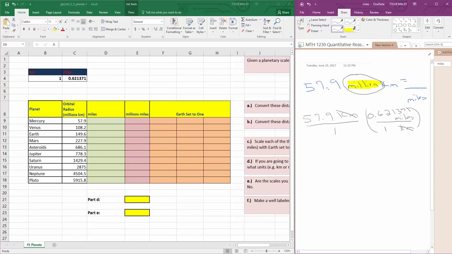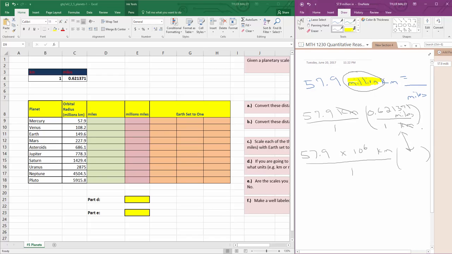This would work going from kilometers into miles, but we started with millions of kilometers. So you would take 57.9 and multiply it by 10 to the 6th, which puts it in kilometers, converting the value back into just kilometers instead of millions of kilometers. 10 to the 6th is equal to a million. Then I put this over 1 and multiply that times this unit fraction, and we'll have things set up. That's how I would go about doing this by hand.